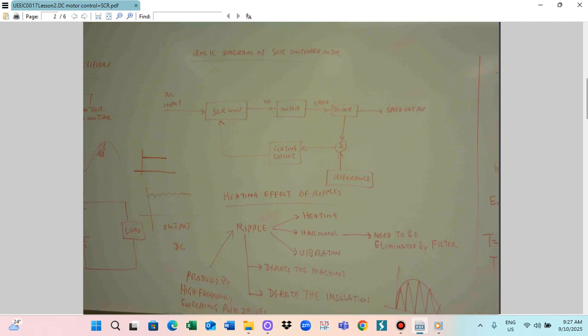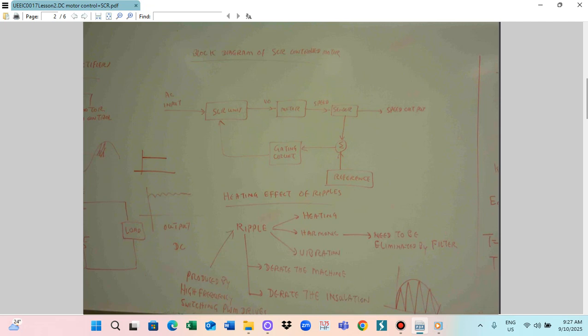So for the SCR control motor, the AC input is changed to DC, and this DC voltage depends on the firing angle, which determines the amount of voltage. Depending on the voltage, the motor speed will change. This is sensed by the sensor, the tachometer, and compared with the reference signal, and the gating circuits provide the control function to the SCR unit. So this is the SCR control.